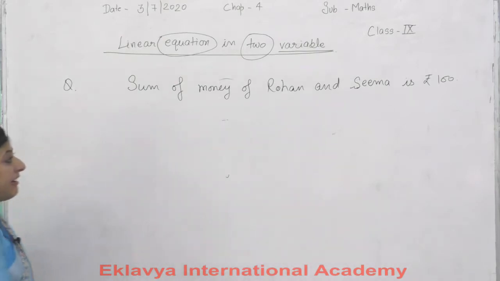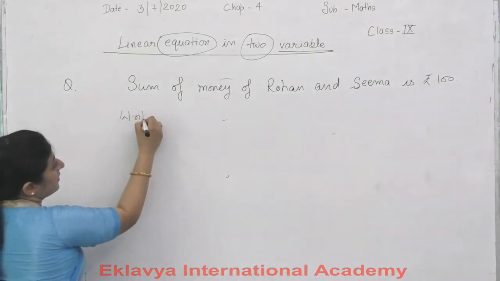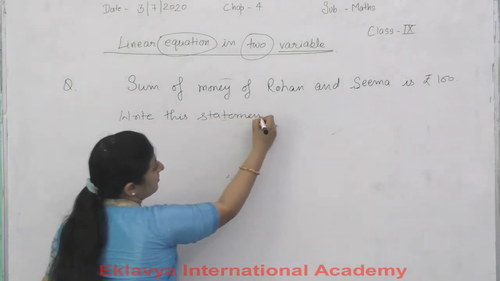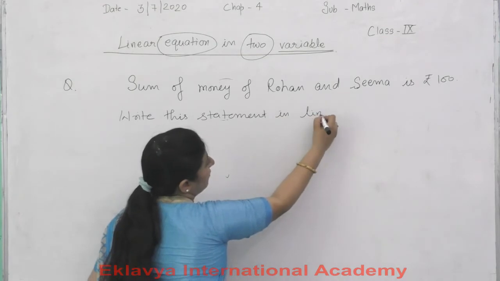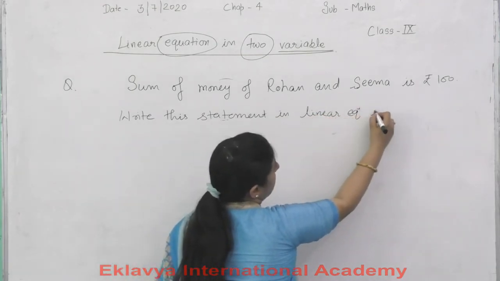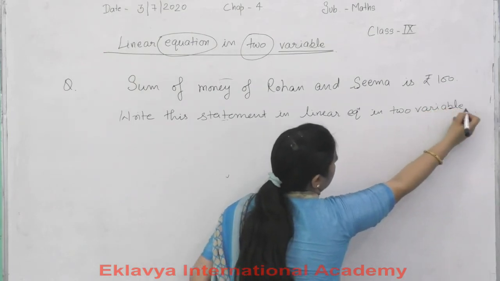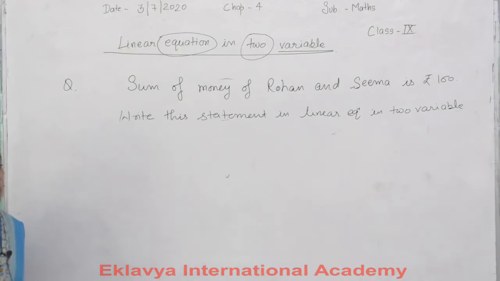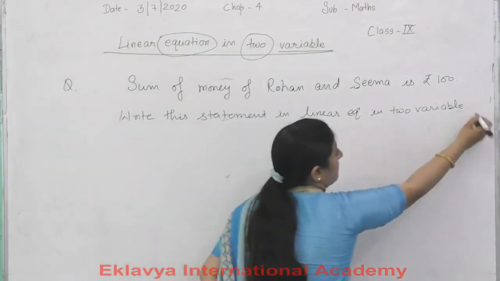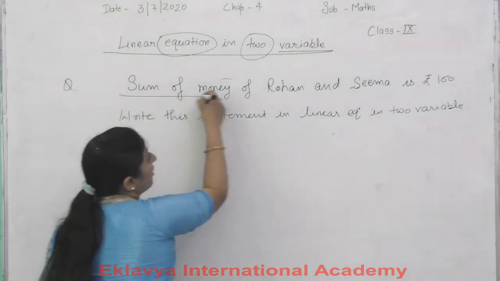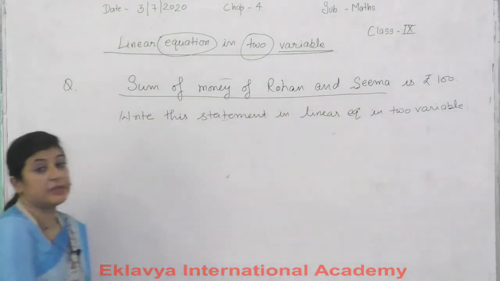Same question, write the statement in a linear equation in two variables. How to write it? Firstly, find out which variables are here. Sum of money of Rohan and Seema is rupees 100.